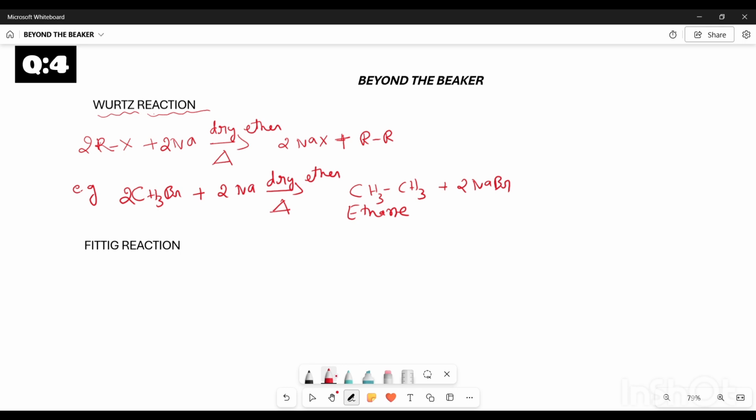Now I will explain Fittig reaction. For doing Fittig reaction, I need aryl halides. See here, I take one aryl halide.